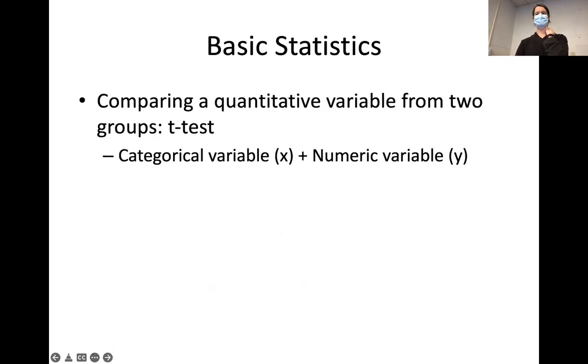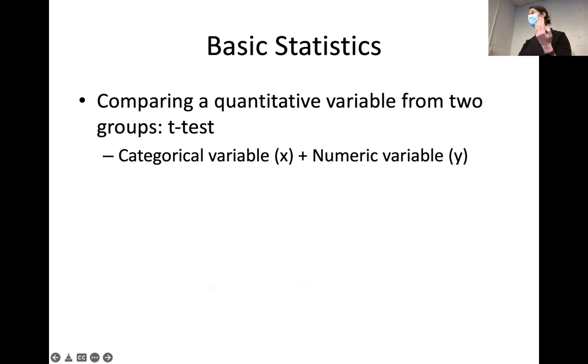All right. So we know how to kind of get an image of the data. If you can figure out what kind of graph you need to make, it'll be pretty easy to figure out what kind of statistical test you'll need to do. So a t-test is going to compare quantitative variables from two groups. So if you have categories, with t-tests, you have a categorical X variable.